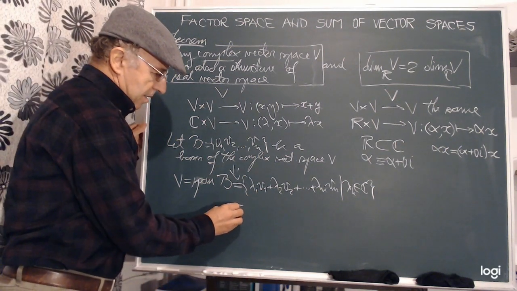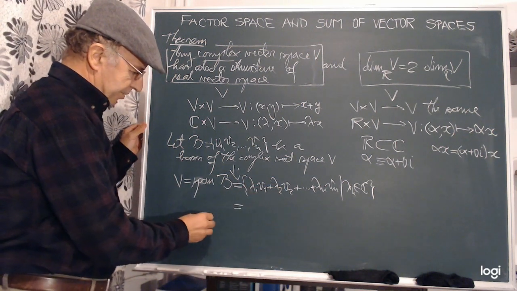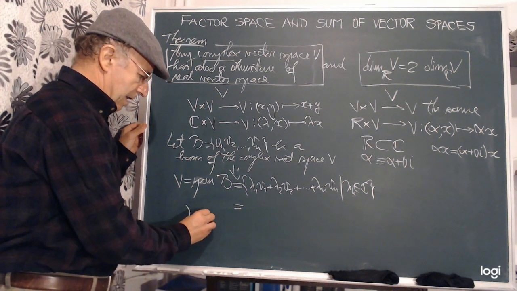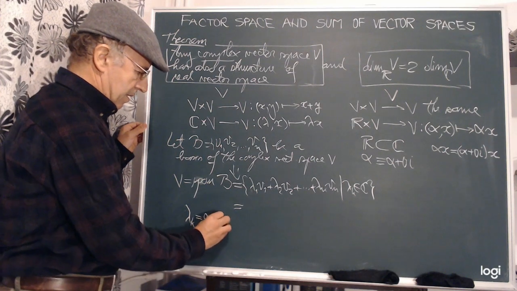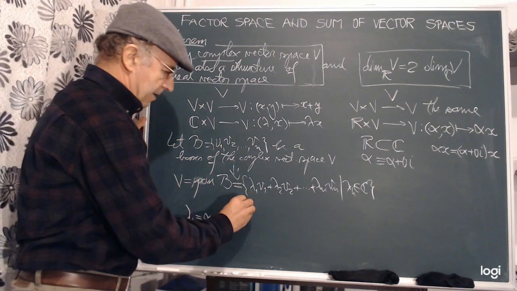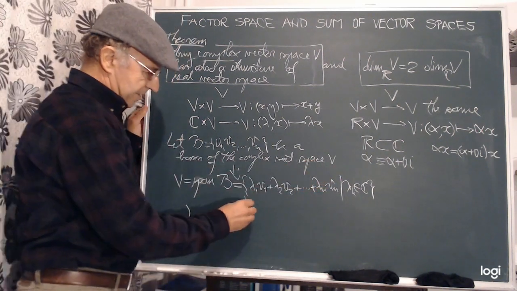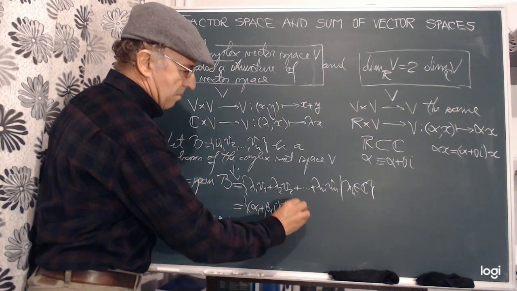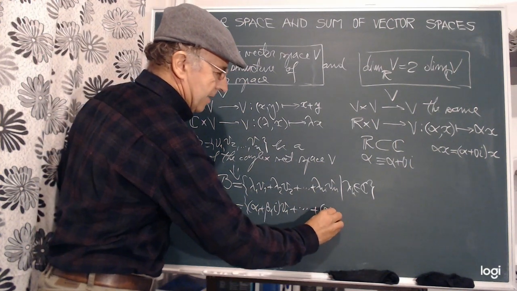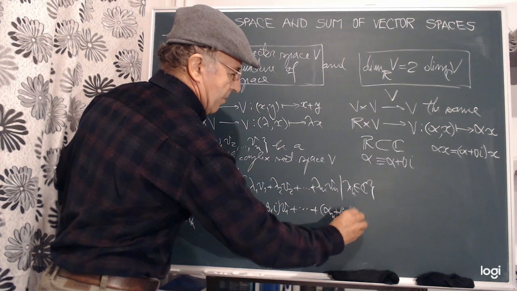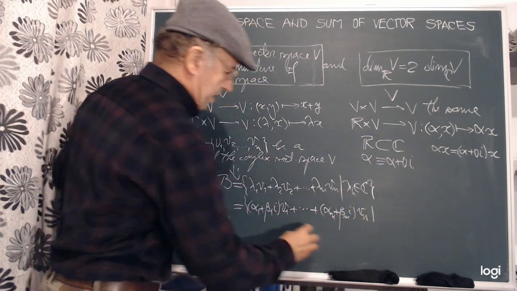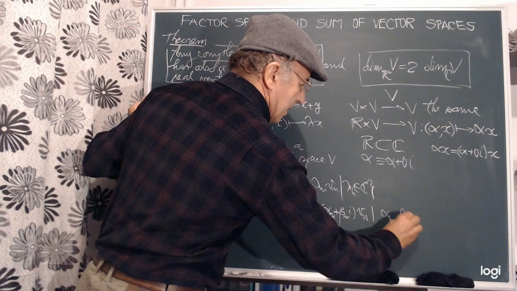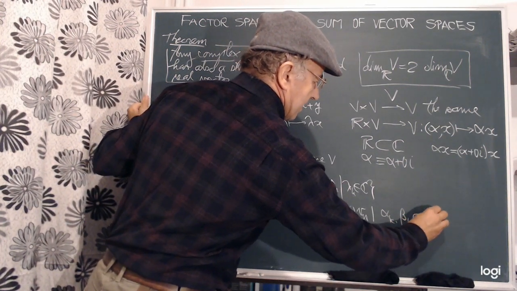Now, if each lambda k has a real part alpha k plus beta k I, then this can be written as alpha 1 plus beta 1 I times V1 plus so on plus alpha n plus beta n I multiplied by Vn, where all alpha k, beta k are real numbers.